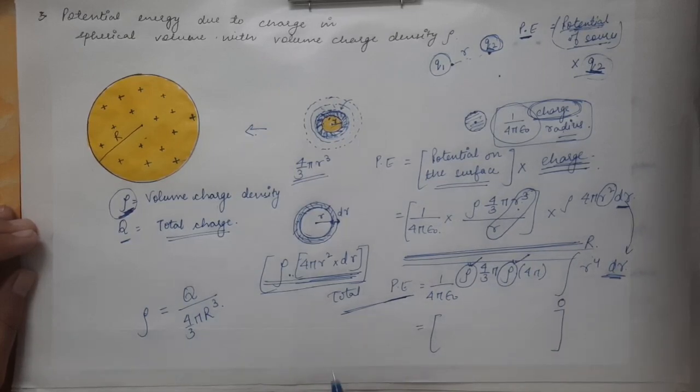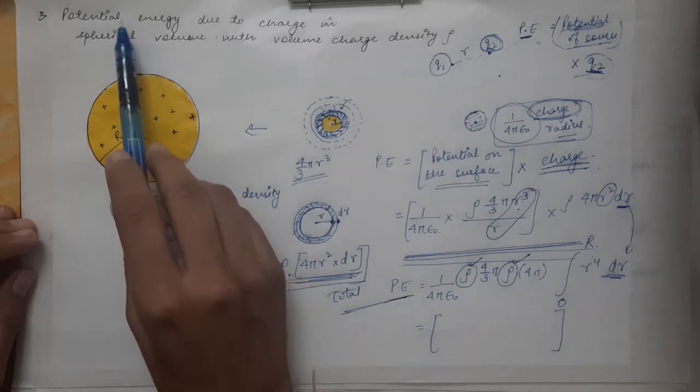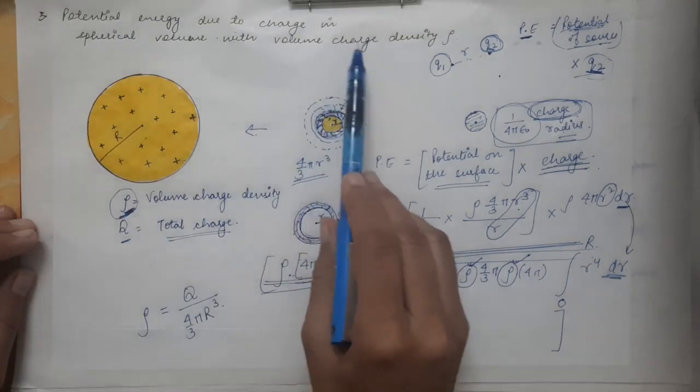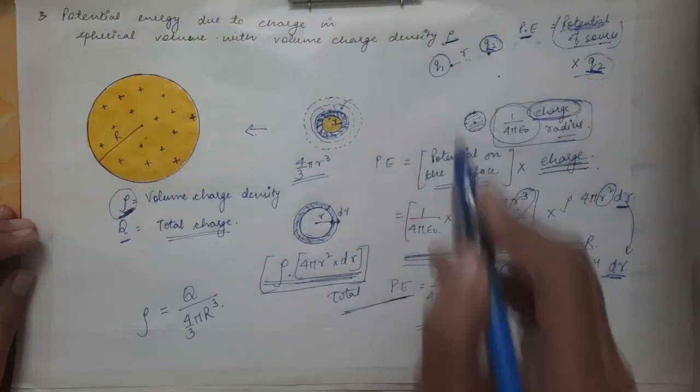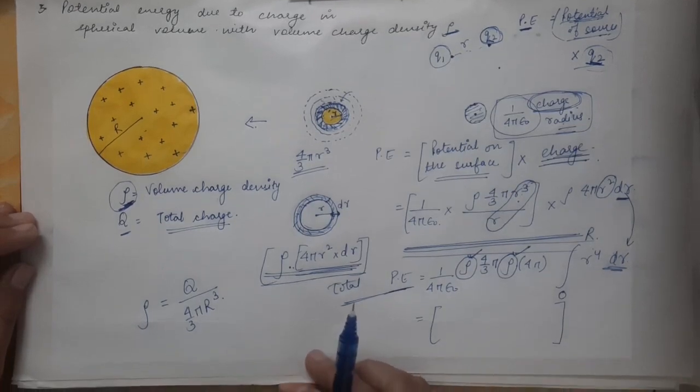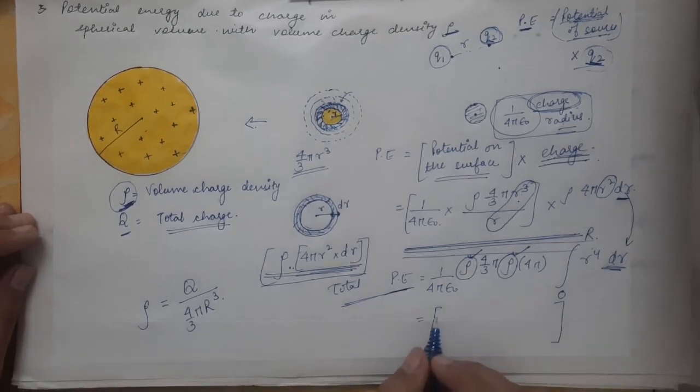That will give you the final expression of the potential energy due to the charge in a spherical volume with volume charge density rho. So you have to do that by yourself and check the relation with the help of your book, to see whether you are getting the correct answer or not.